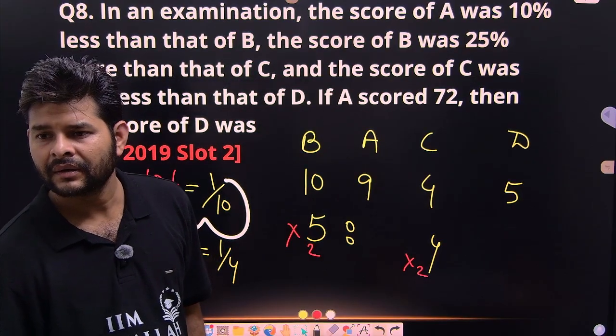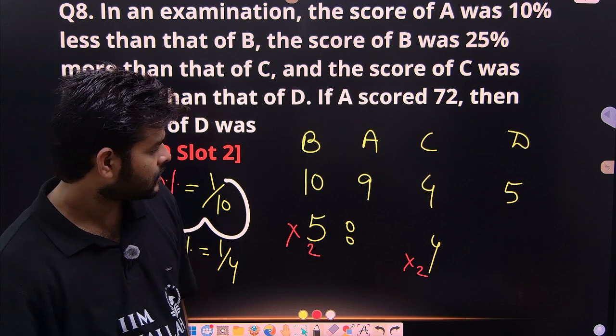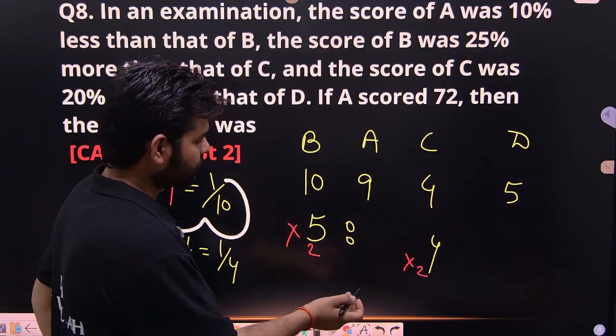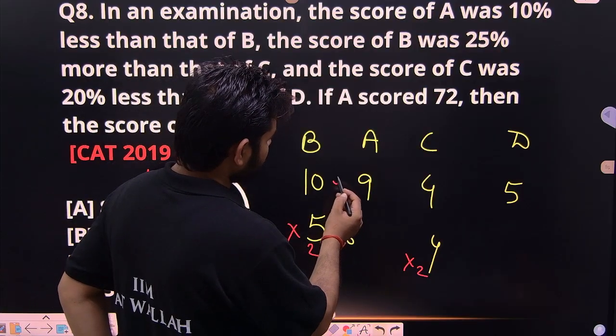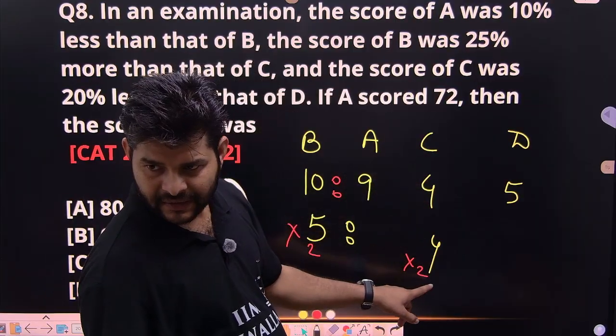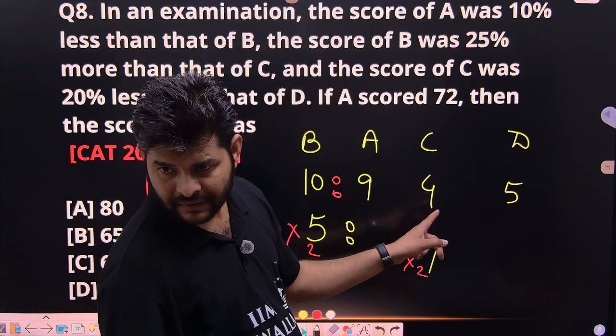So now, once C is representing 8, 4 into 2, and once C is representing 4.